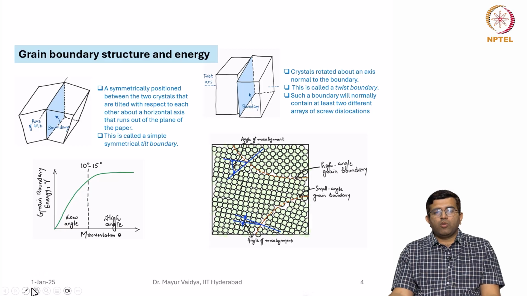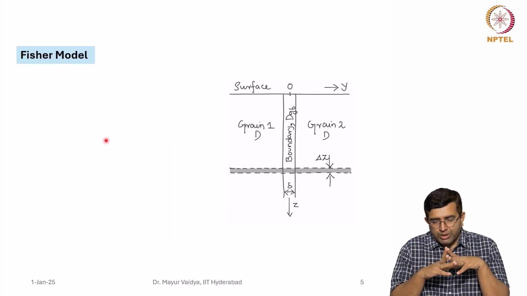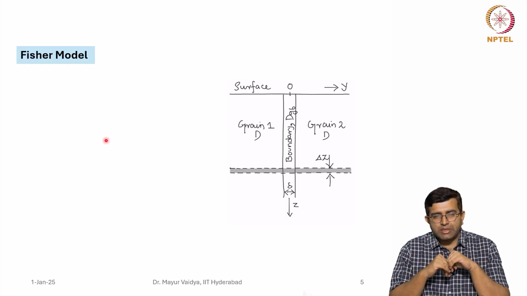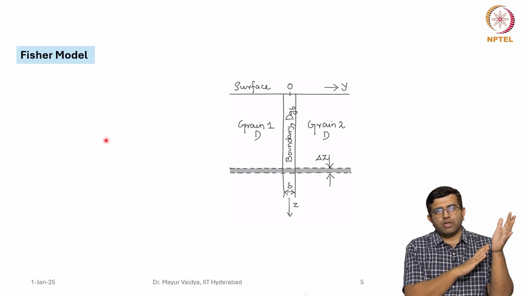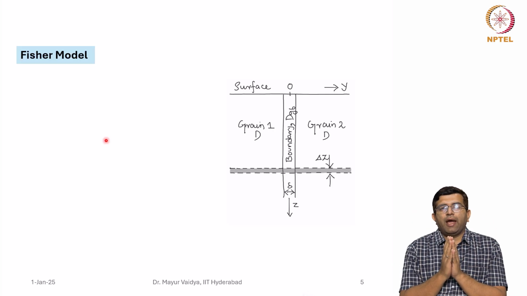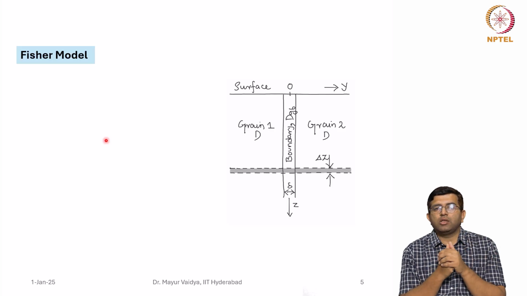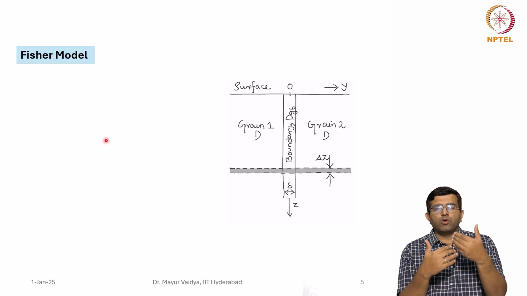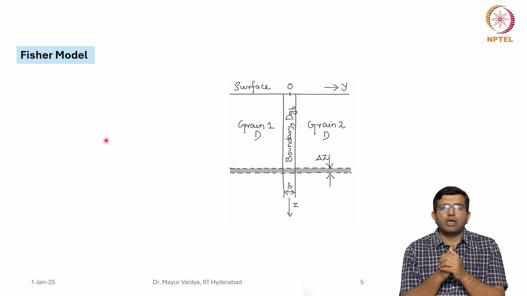Now, moving ahead, how do we understand grain boundary diffusion? One thing is that when we were considering lattice diffusion, we considered one dimensional diffusion, and that was good enough for us to arrive at several analytical solutions. We know by symmetry that this can be extended to other dimensions as well.